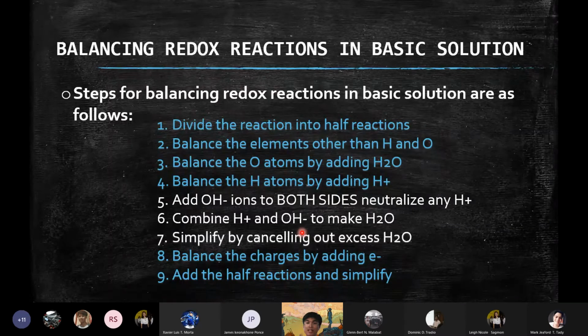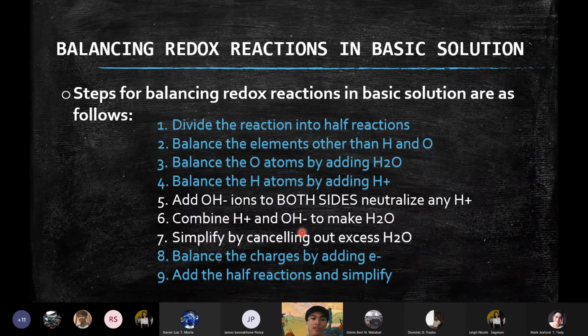The steps in balancing both acidic and basic solution equations are somewhat overlapping, but in basic solution there are additional steps.